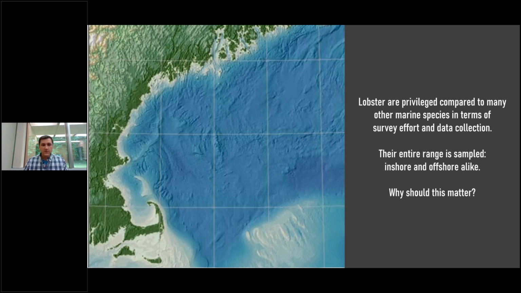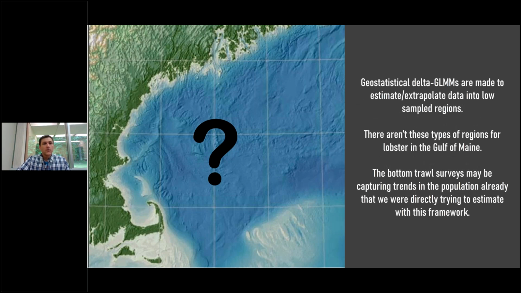But if anything, this should mean that we have a lot of data to work with and that our calculations should be more reliable. So why isn't this what we're seeing when we use modeled indices? Well, it's because of what modeled indices are meant to do. Geostatistical models like our Delta GLMM are made to extrapolate data into unknown regions and unknown times using spatial and spatiotemporal parameters.